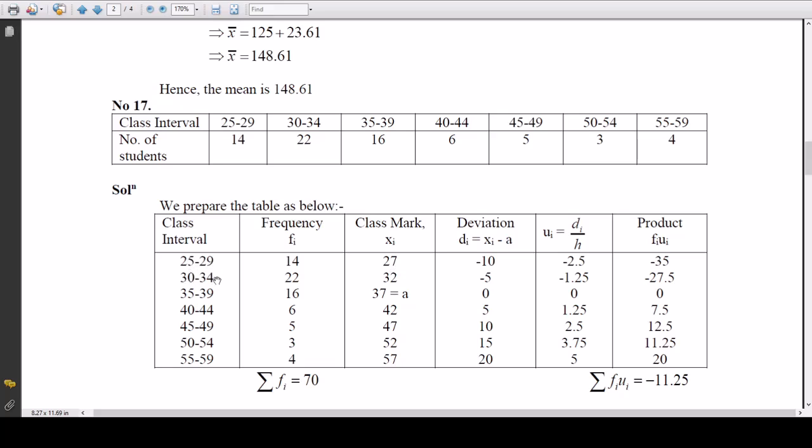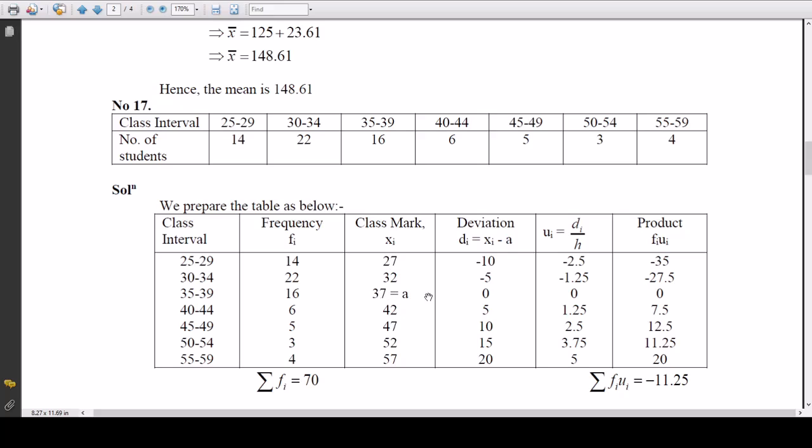Okay, 30 plus 34, you will get 64. 64 divided by 2 is 32. 35 with 39, you will get 74. 74 divided by 2 is 37. 44 with 40 is 84, divided by 2 is 42. 45 and 49, you will get 94. 94 divided by 2 is 47. 50 with 54, you will get 104, divided by 2 is 52. 55 and 59, you will get how much? 114 divided by 2, you will get 57. Clear?